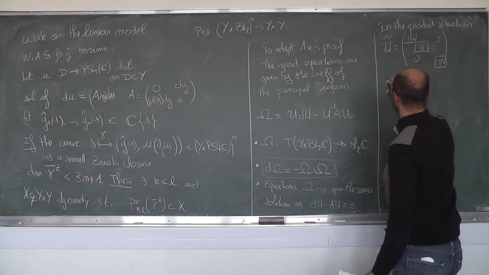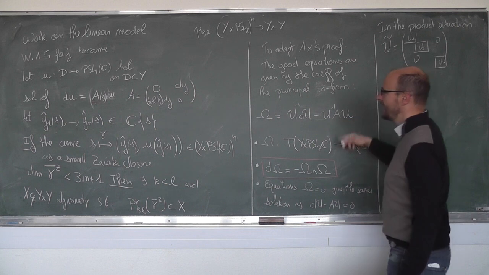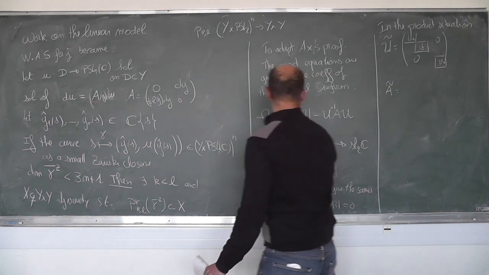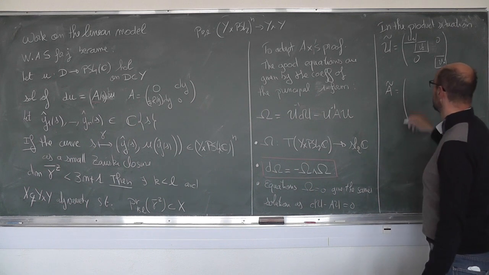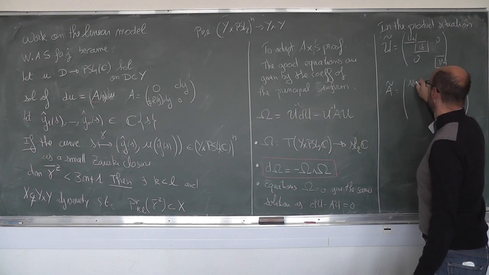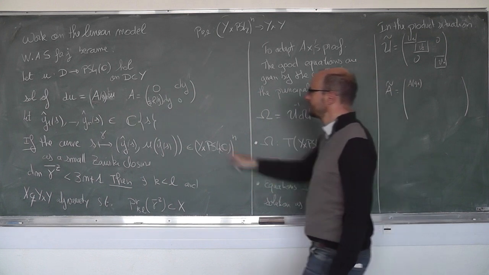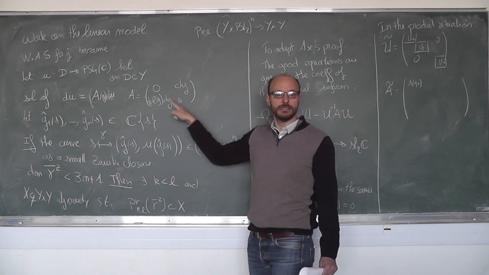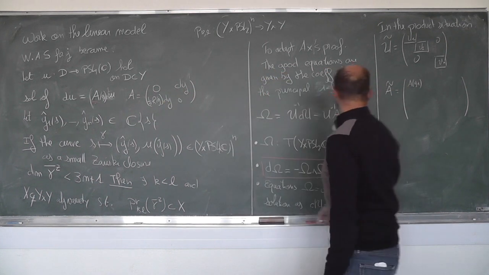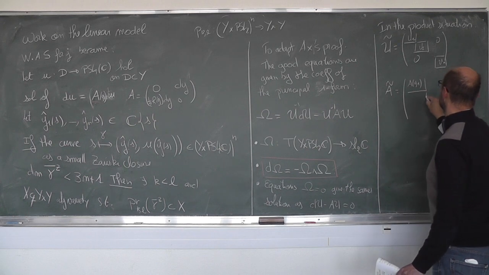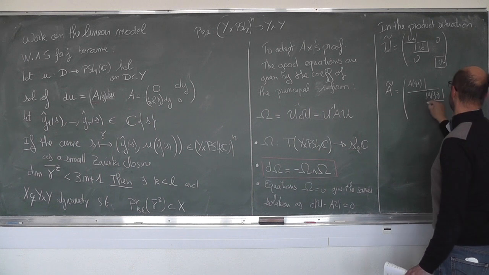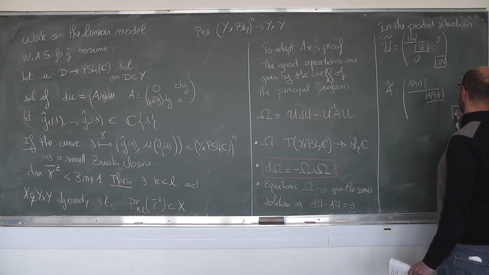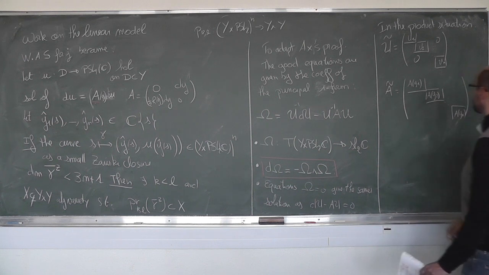Our equation is given by some A, which was this one, but A tilde is a product of, let's say, A of y1, meaning that you replace y by y1 in this formula. This is the first block. The second block is A of y2, and you go to A of yn.